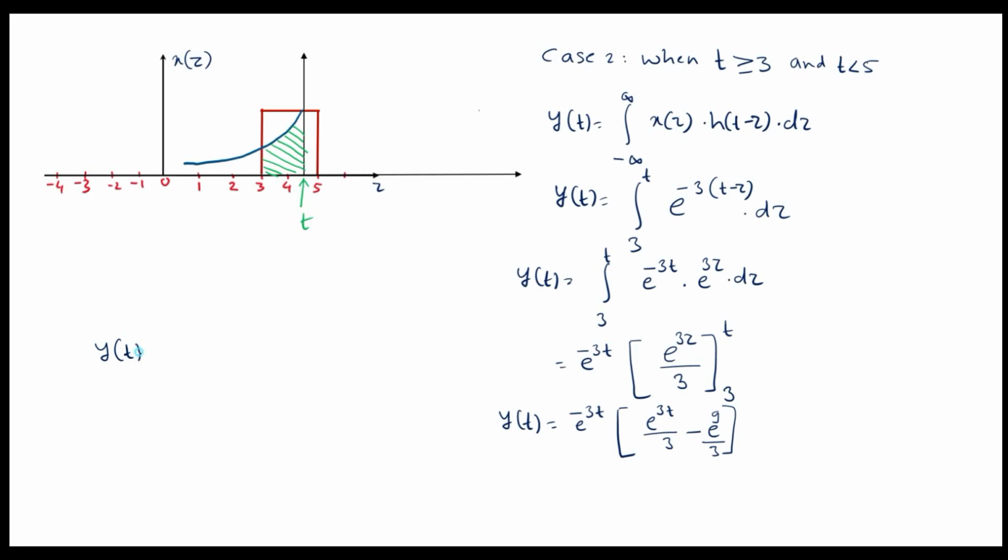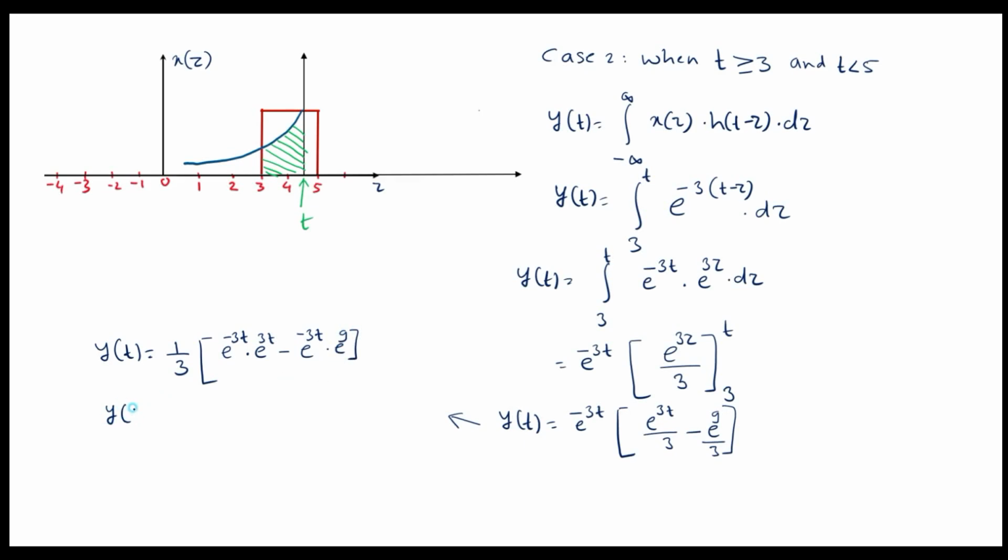y of t is equal to, I'll take 1 by 3 common, 1 over 3. I'll take this e power minus 3t inside, that is e power minus 3t into e power 3t minus e power minus 3t into e power 9.